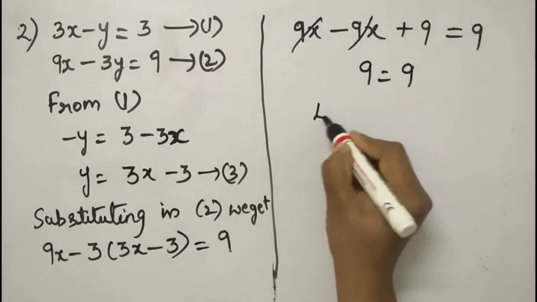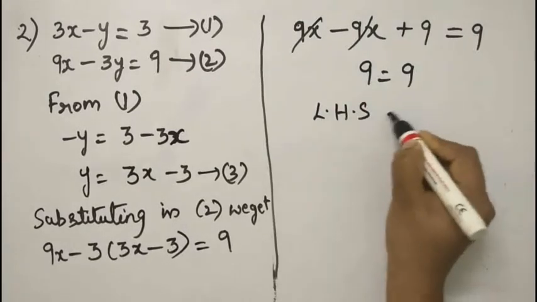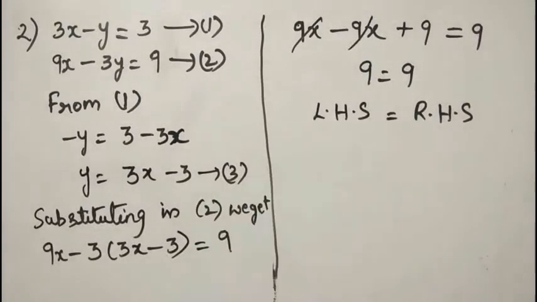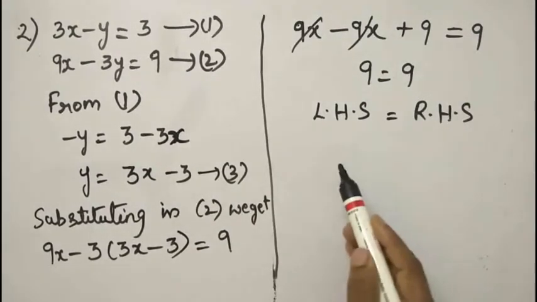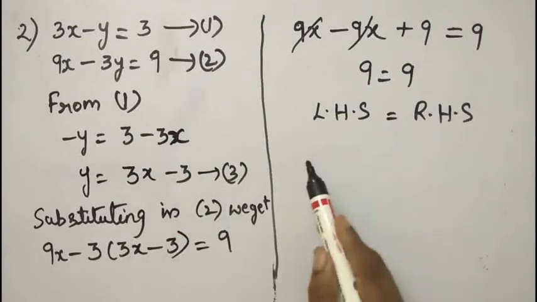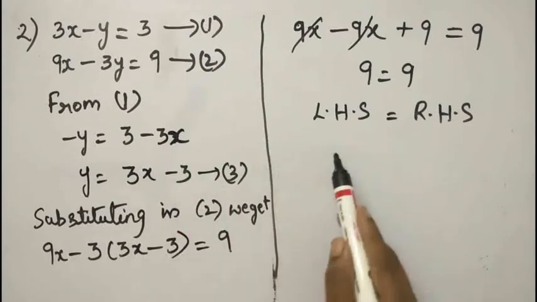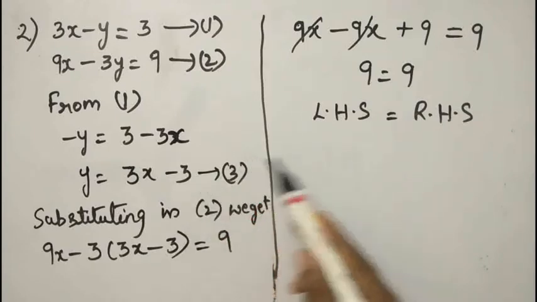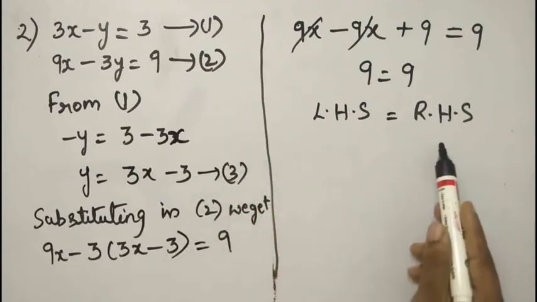So we got LHS equal to RHS, same as we studied before. As these are coincident lines, you learned that you will get LHS equal to RHS after substituting the value of y in equation 2. So we got LHS equal to RHS.